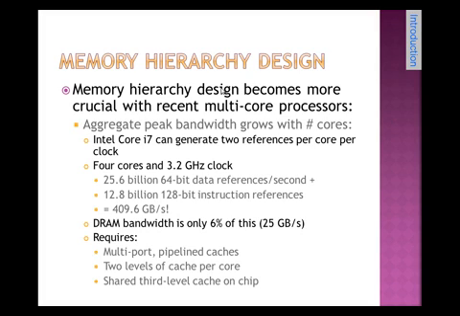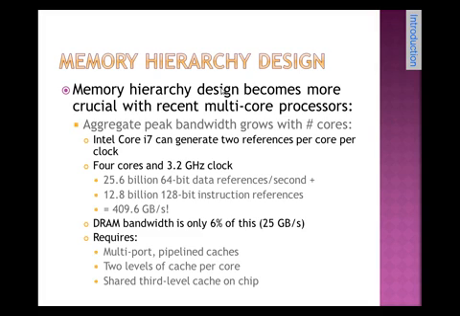Now, why is it so crucial? Because the aggregate peak bandwidth grows with the number of cores. That is, if there are a number of cores or processors, then the peak bandwidth of the computer grows. Suppose, for example, the Intel Core i7 can generate 2 references per core per clock.